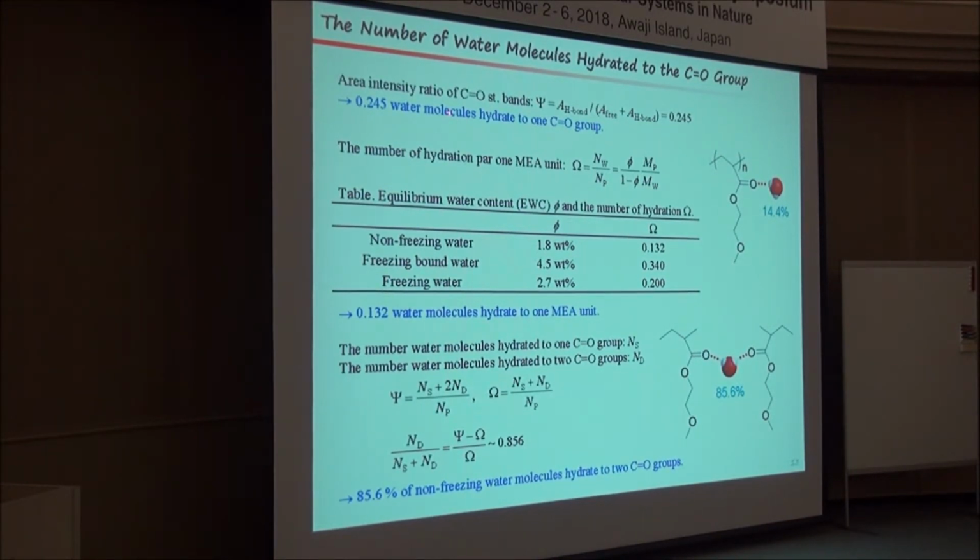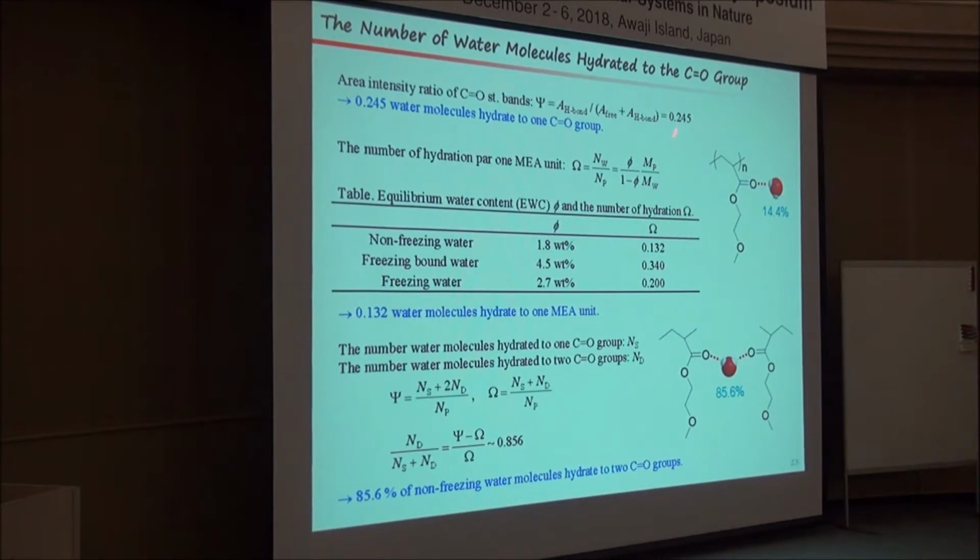And we calculate this area intensity ratio, and this ratio becomes 0.245. And the content of non-freezing water was already obtained by the thermal analysis, and then the number of hydration of non-freezing water is calculated to be about 0.132.